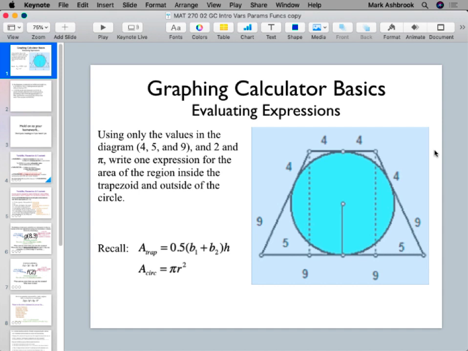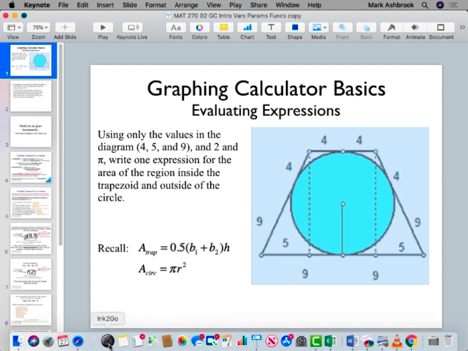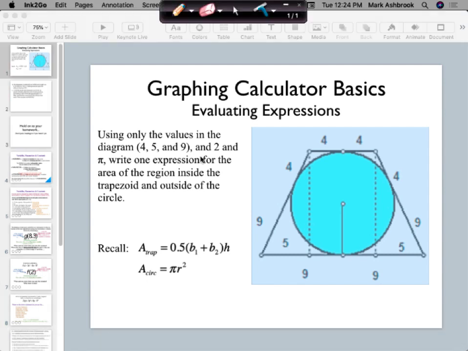No, they're lengths, right? Those are all lengths on the diagram. I'll show you. Say there's a point of tangency right there. So 4 is the distance from there to there. It's 4.